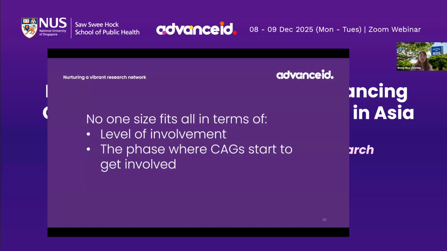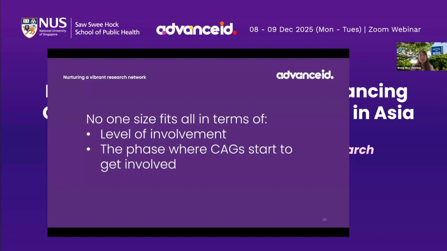So what I'm trying to say is that there is no one size fits all in terms of the level of involvement. There is a continuum in terms of the level of involvement, and each trial is different, and each trial will decide on how they're going to involve the community. The other aspect that the research team also has to decide is where the CAG should start to get involved.